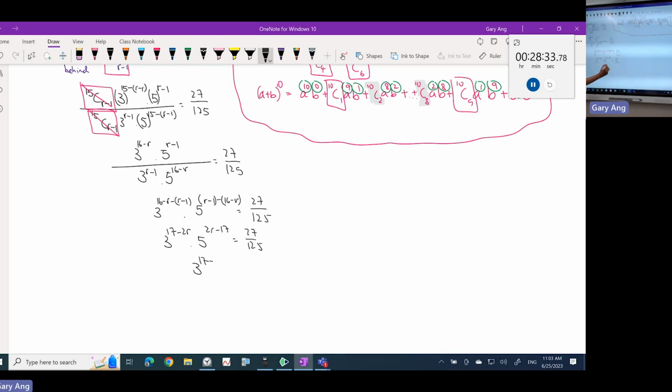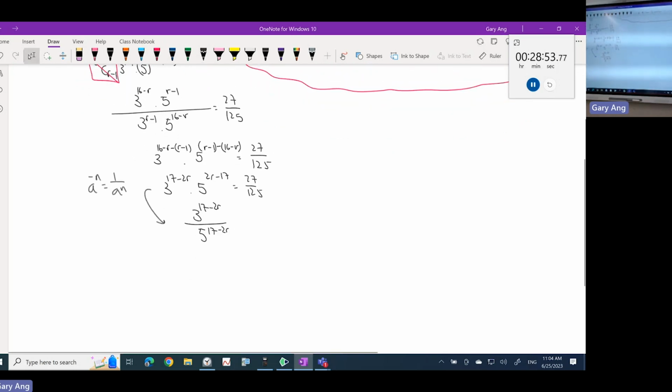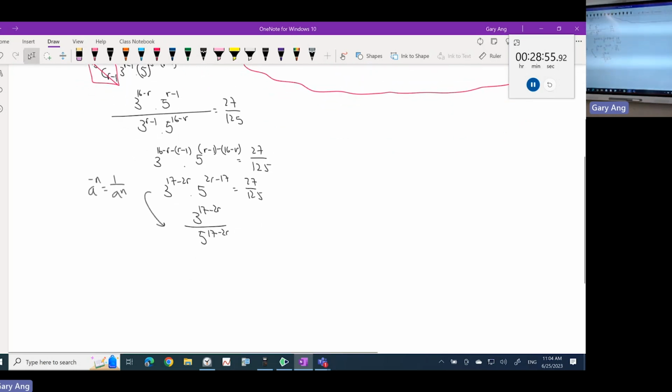The difference is the negative. So you can bring it downstairs and it becomes 17 minus 2R. This is called law of indices. In case you blur, let me show you what I'm thinking about. A power negative n is equal to 1 over A power n. So you can see that 2R minus 17 is the negative of your 17 minus 2R.